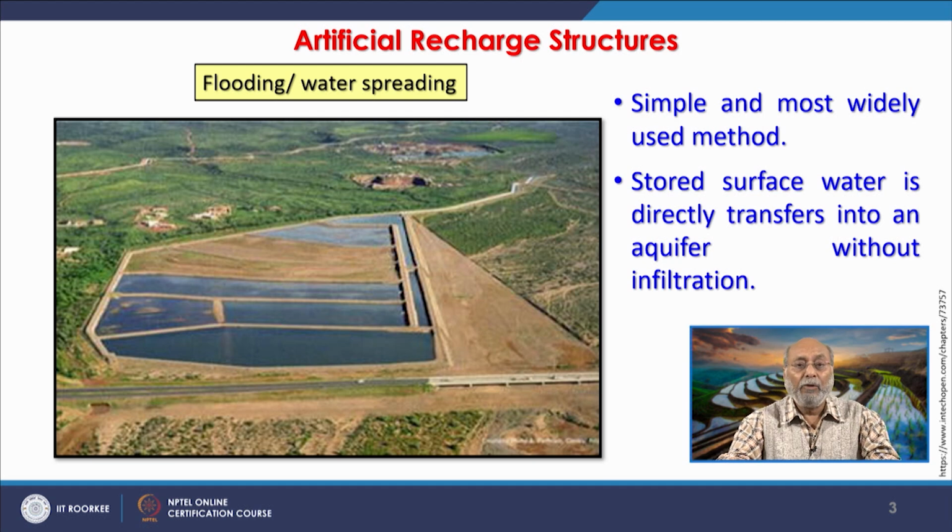The water we are storing through flooding or water spreading can also be transferred directly into an aquifer without infiltration. That kind of facility can also be developed, and if it is a recharge site for a confined aquifer, it is wonderful.